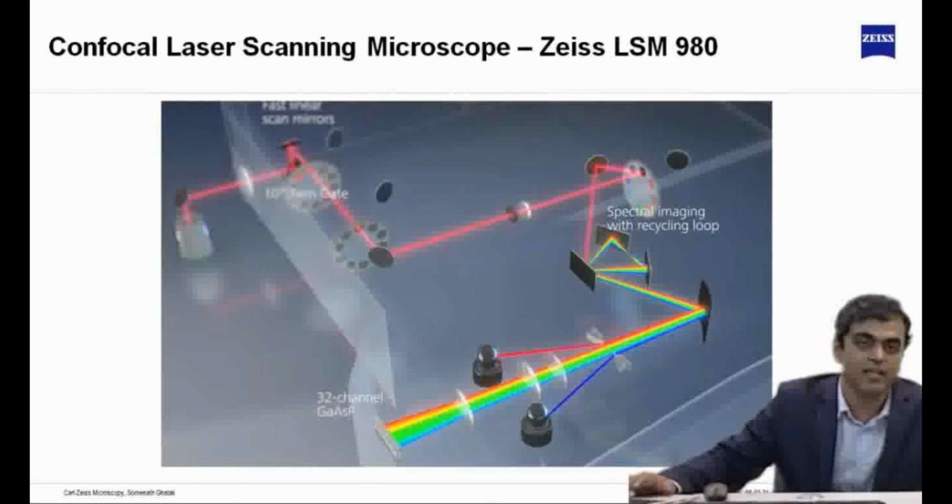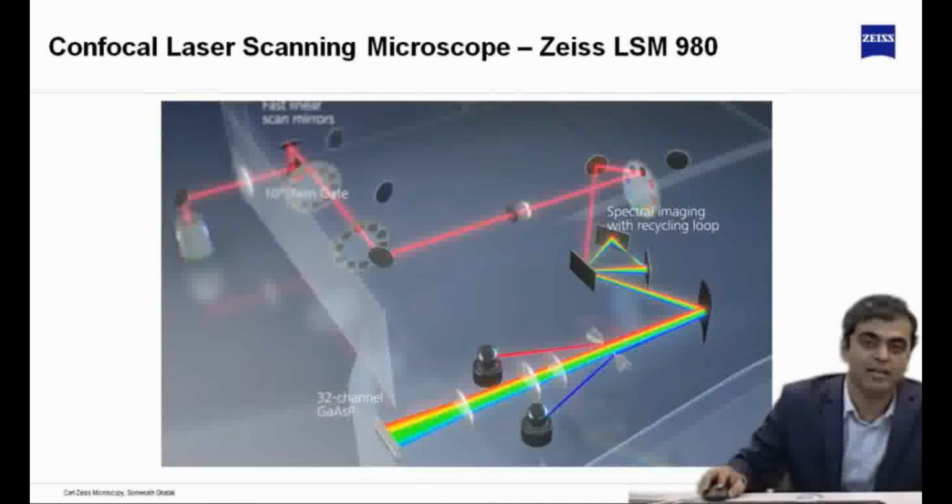And if you can see in the fast linear scan mirror, they're getting descanned, and by descanning it is directed to the different twin gate dichroic mirrors, and again there is a recycling loop to compensate for the loss of light which may happen due to reflection at certain mirrors, and then finally it is reflected back to the detectors.